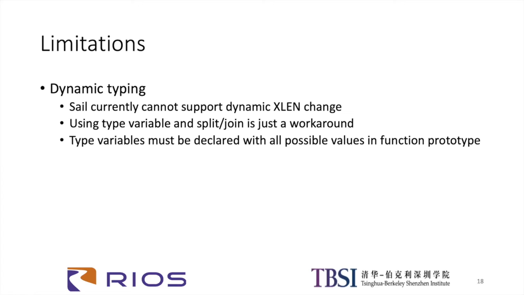Type variables are not truly dynamic, since they must be declared with all possible values in the function prototype. One cannot calculate the size or depth inside the function. I know that this is kind of against the rule of strict type checking of Sail, but if there can be any enhancement, it will help with the user experience.